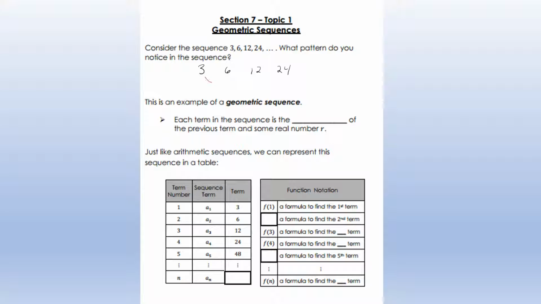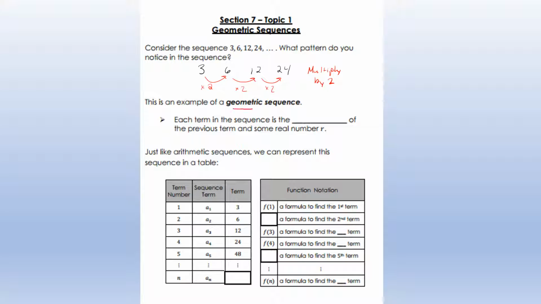So what else could we do to figure out what's going on here? Well, to get from 3 to 6, we could be multiplying by 2. 3 times 2 makes 6. Does that pattern work throughout this whole thing? 6 times 2 would also be 12. 12 times 2 is 24. So the pattern from 3 to 6 to 12 to 24 is that we multiply by 2 every time. We take the number and we multiply by 2.